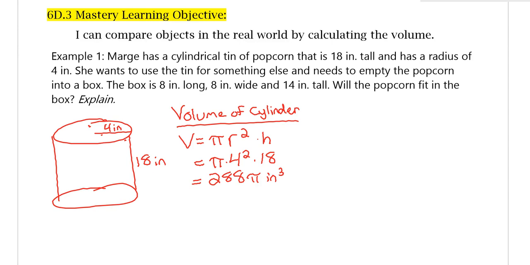I need to know, is the box going to hold that much popcorn? So then I have this box. Box. Beautiful. 8 inches long, 8 inches wide, 14 inches tall.